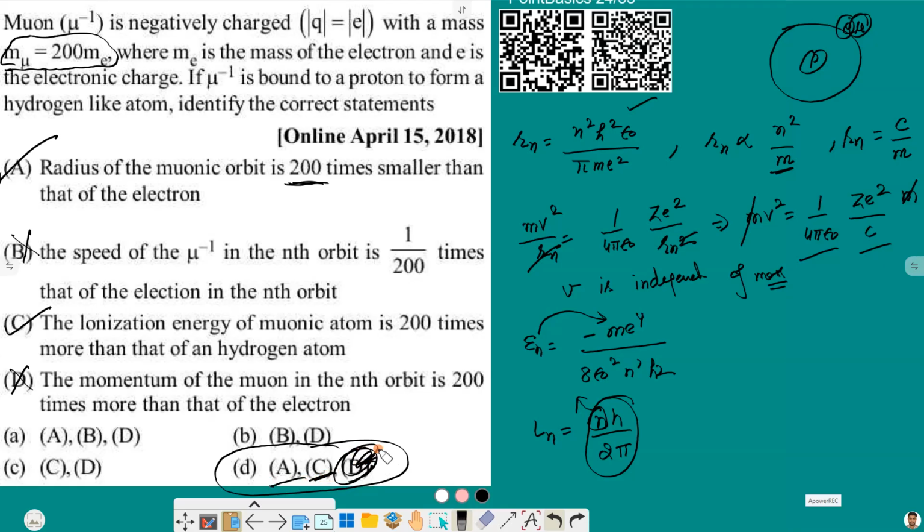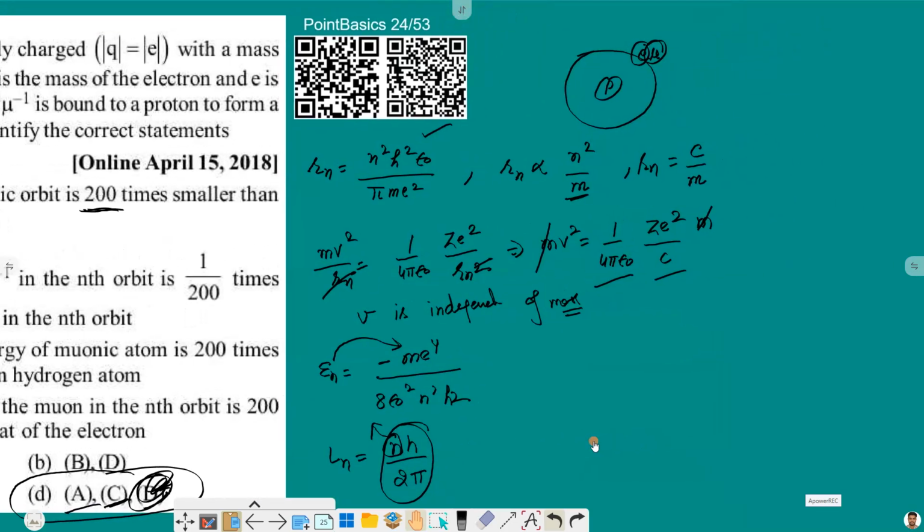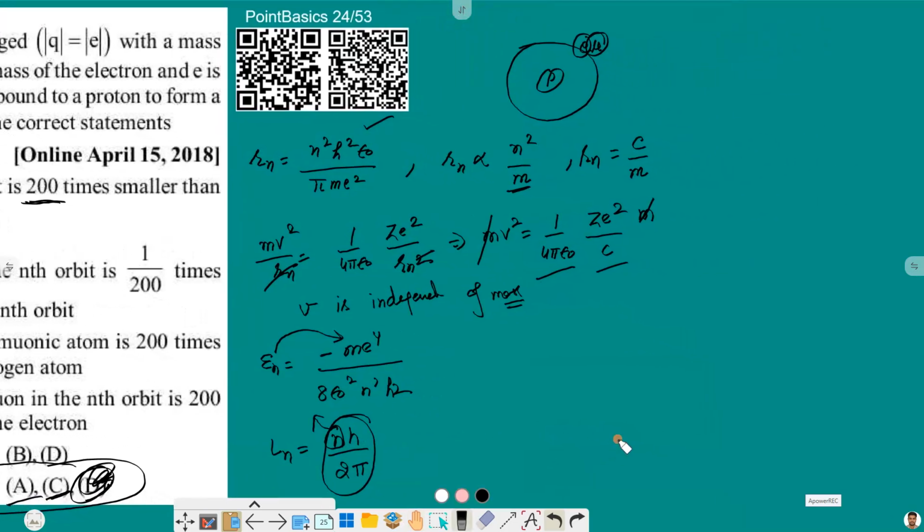And now let me clarify one more thing here. Whatever formulas I have used, this Rn is basically the actual formula n square epsilon naught by pi mu E square. What is mu?